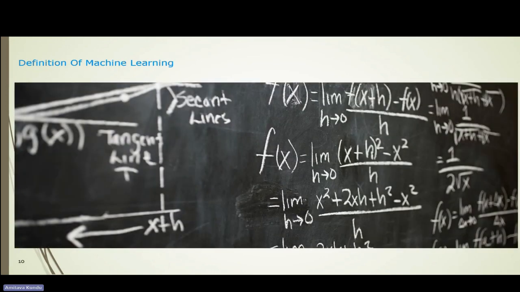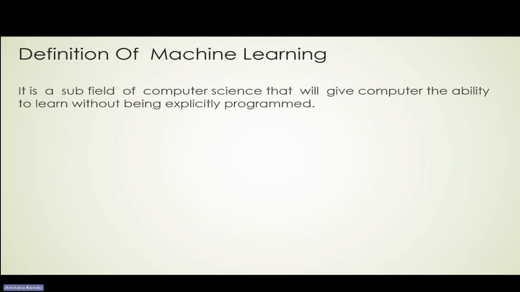Now here we are talking about how you can define machine learning. If you want to define machine learning, you can say that it is a subfield of computer science that gives a computer the ability to learn without being explicitly programmed.